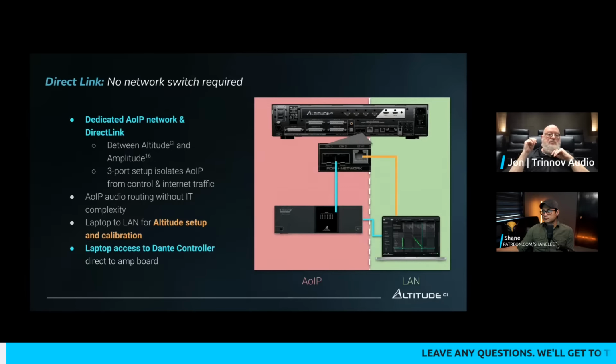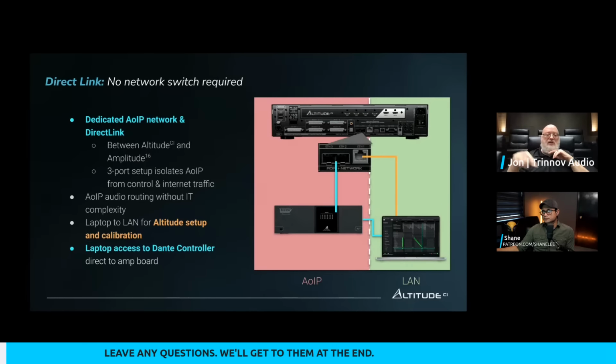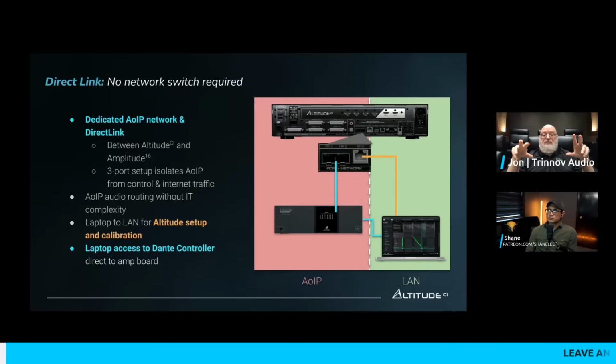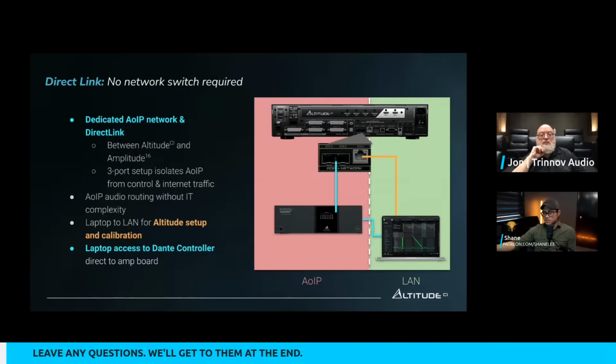So you have one wire that goes between Altitude CI and Amplitude 16, and a different wire that connects to the Amplitude 16 typically, but you could also do it to the CI. And that does all of your configuration. So there's communication and then there's audio. Let's keep them separate.